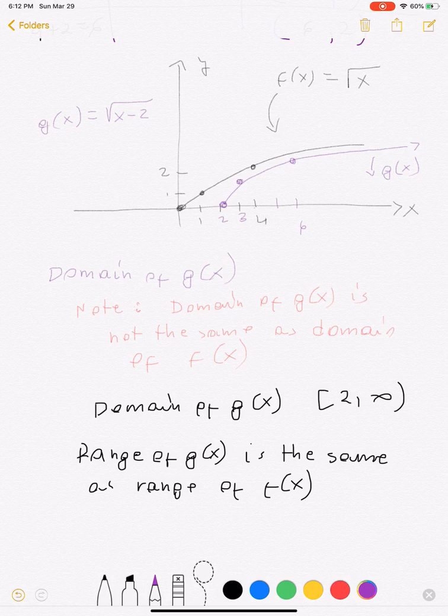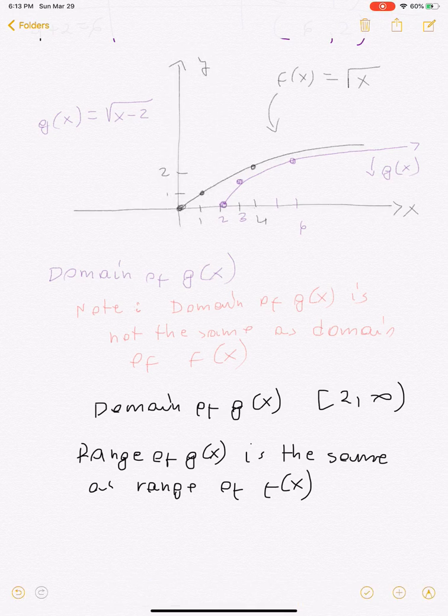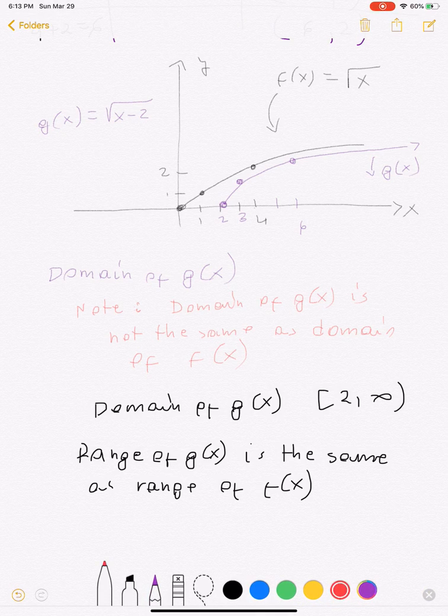So going back to the graph, range of g of x and also range of f of x, range is the height of the graph. Like you see, that's the first point right here on the graph, which will be, if you reflect that to the y-axis, so range will be from 0 to positive infinity. So range will be, that's the y values, of course, from 0 to positive infinity. Domain, of course, we're talking here about x values.